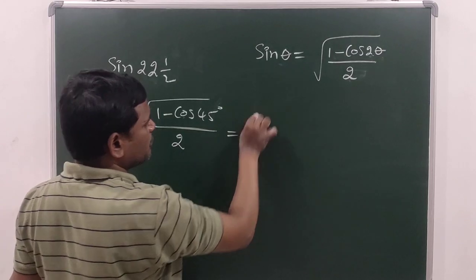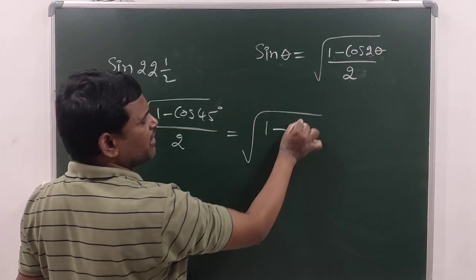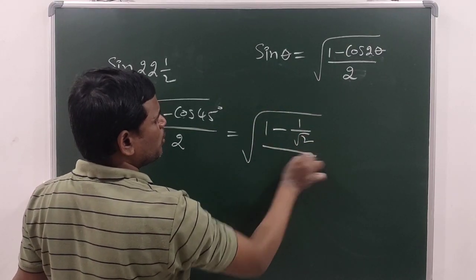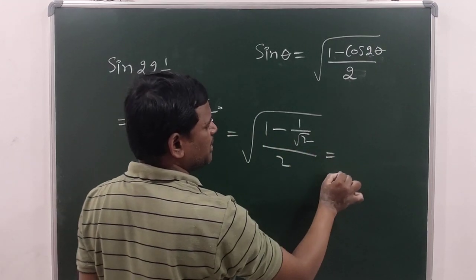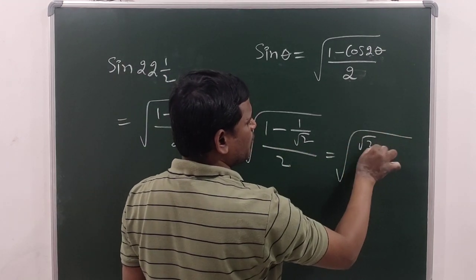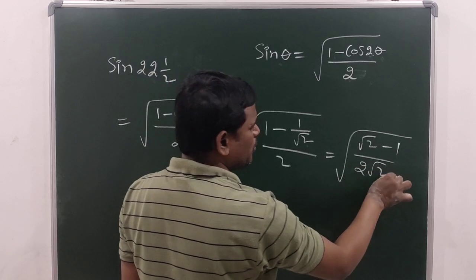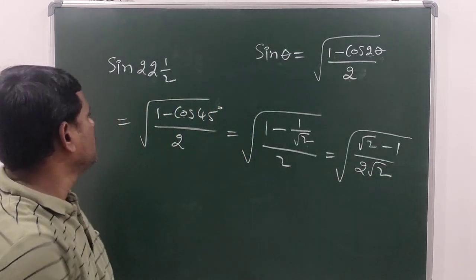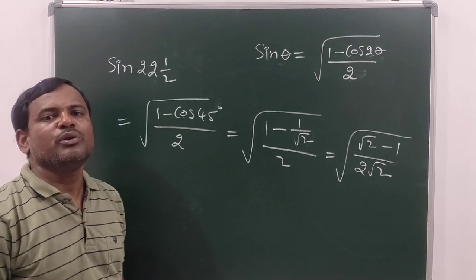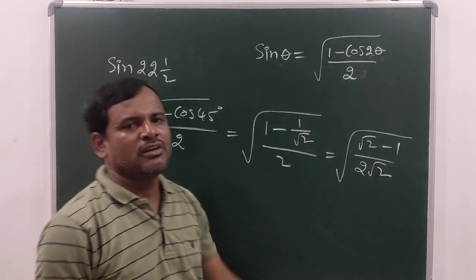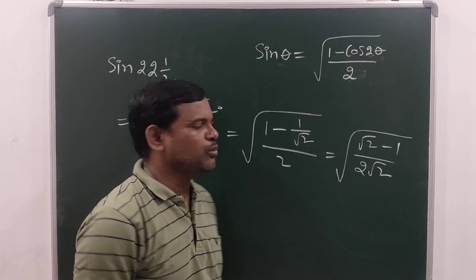Which is equal to square root of (1 minus cos 45), that is (1 minus 1 by root 2) whole by 2. When you cross multiply, square root of (root 2 minus 1) by 2 root 2. So this is sine 22.5 degrees: square root of (root 2 minus 1) by 2 root 2.